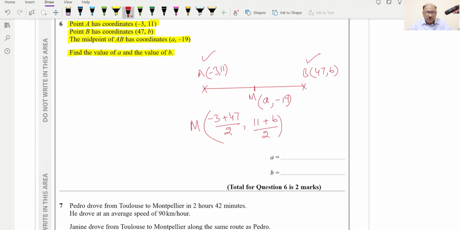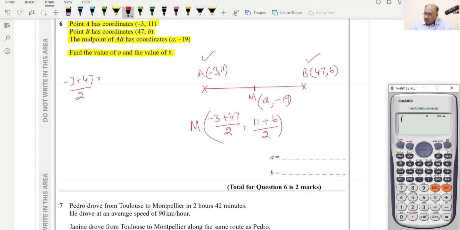Now what we can do is write down -3 plus 47 divided by 2, which will be equal to, we can use a calculator. Even easier calculations I'm doing with the calculator so that you should not be in trouble.